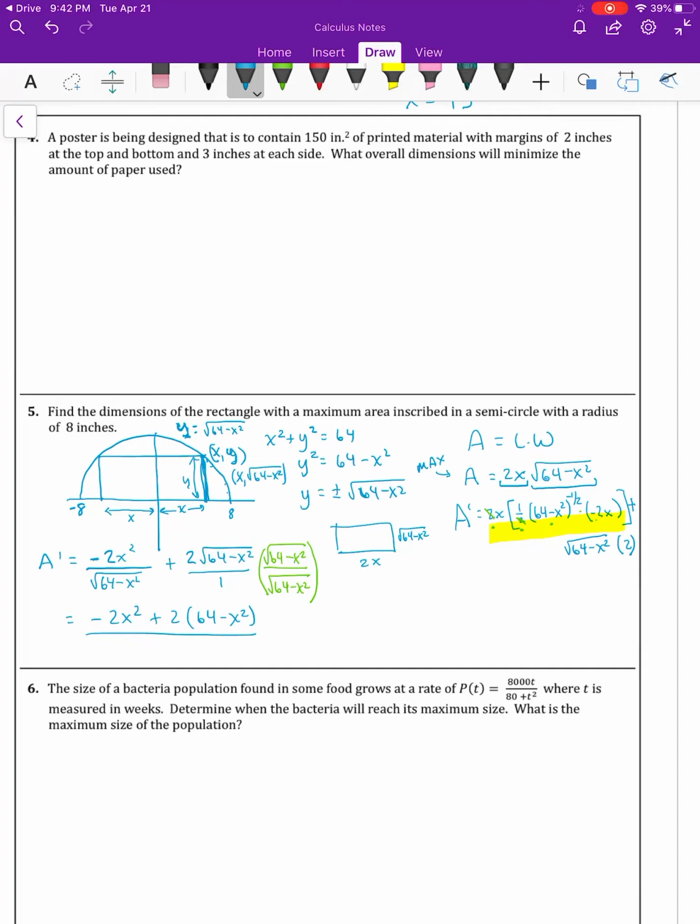So you can see that I need to add these two. When I do that, I'm thinking, okay, my common denominator is the square root of 64 minus x squared. So I need to multiply the second term by the square root of 64 minus x squared over the square root of 64 minus x squared. And so that's going to become negative 2x squared plus 2 times 64 minus x squared.